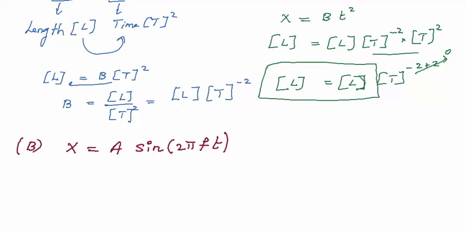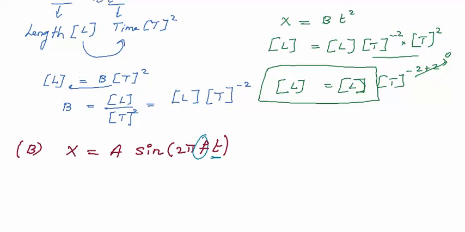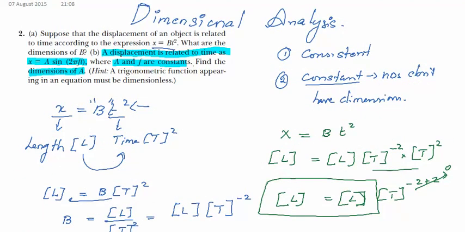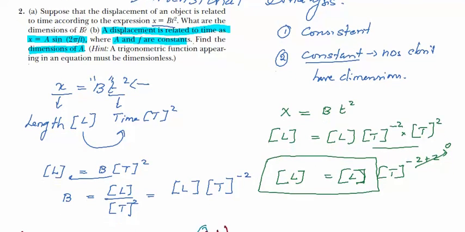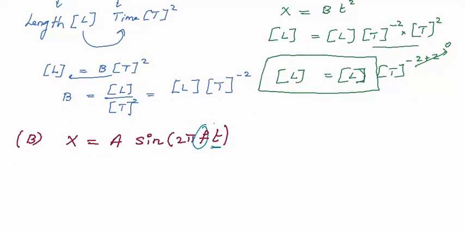Now t has a dimension of time, and f is a frequency, a constant. But when you put that in a trigonometric function, you're converting this entire expression into a number.